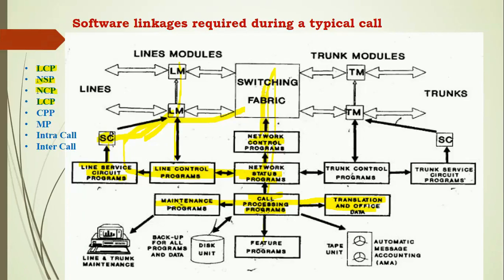The extra recent procedures, that means feature programs, are connected here. The call program will maintain everything, and the maintenance program is in turn connected to a computer where it will store a particular amount of data. To store backup in an exchange, whenever one call is processing, we need a disk unit. This disk unit is nothing but a backup for all the programs and data.